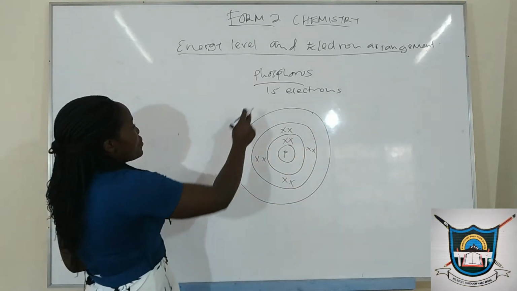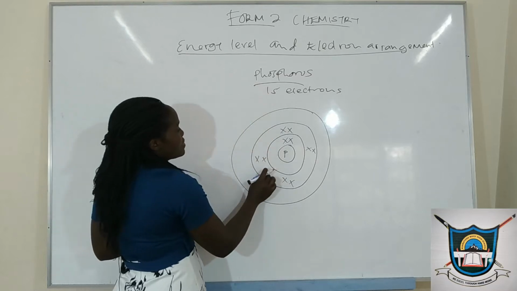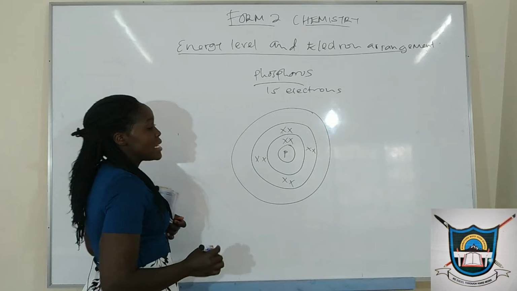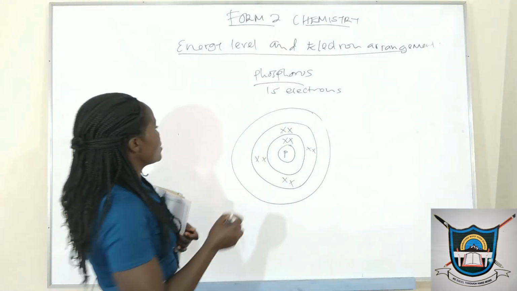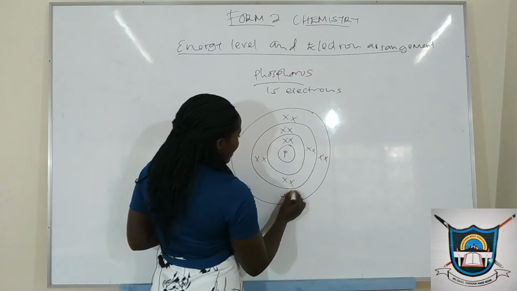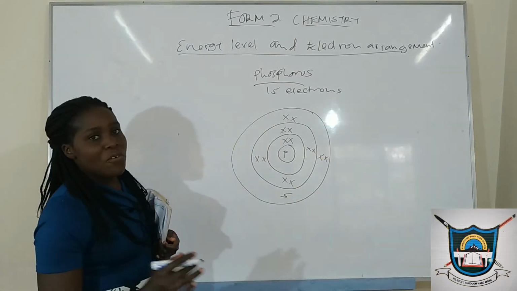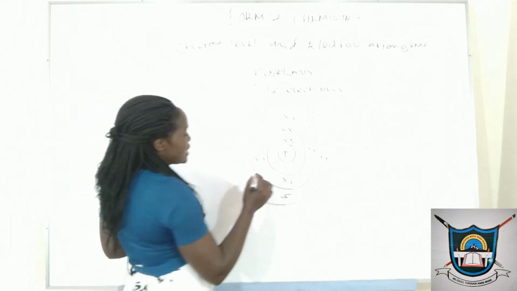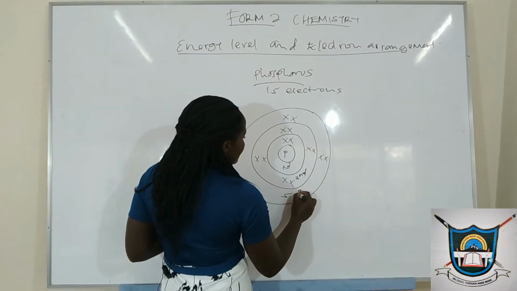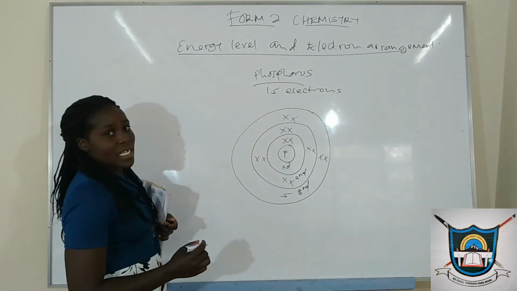But for now, we have 15 electrons, so we've distributed 1, 2, 3, 4, 5, 6, 7, 8, 9, 10. We still remain with 5 more electrons, so we distribute the 5: 1, 2, 3, 4, 5. So we say phosphorus has 3 energy levels. This is the first energy level, second energy level, and this is the third energy level.